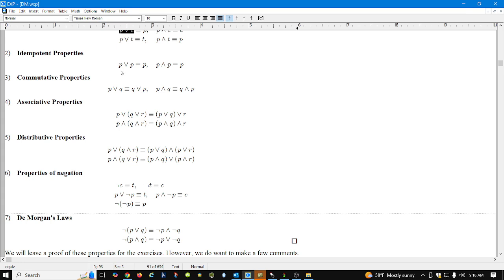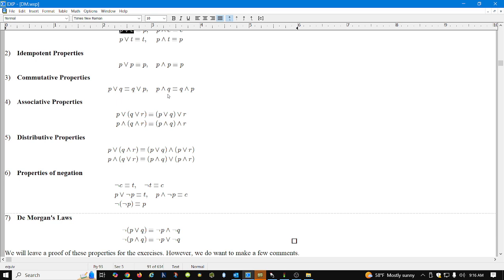Idempotent properties. P or P is logically equivalent to P. P and P is also logically equivalent to P. Now, don't make the mistake of saying P and P equals P. That's not true. They're different compound statements, but they are logically equivalent. They have the same logical meaning.